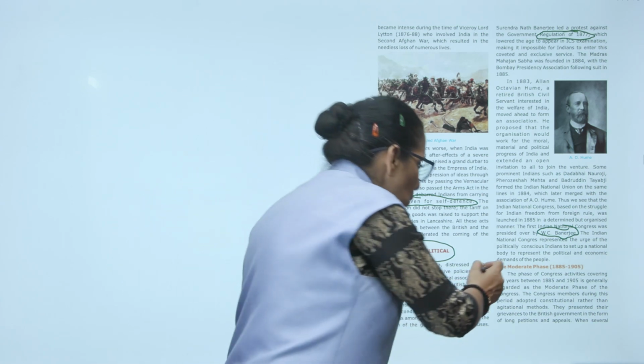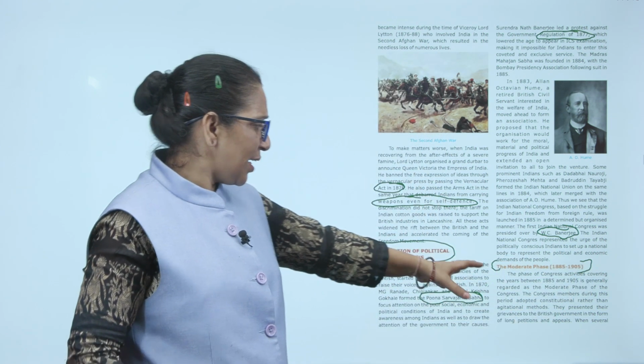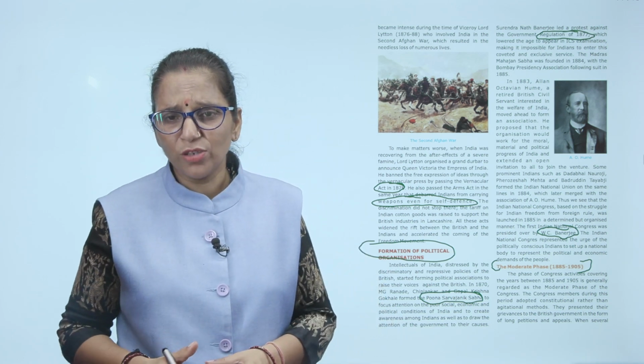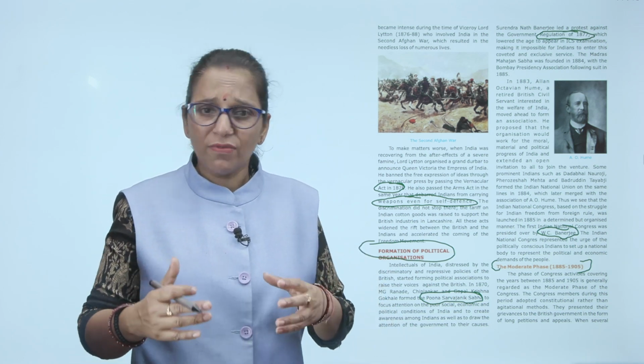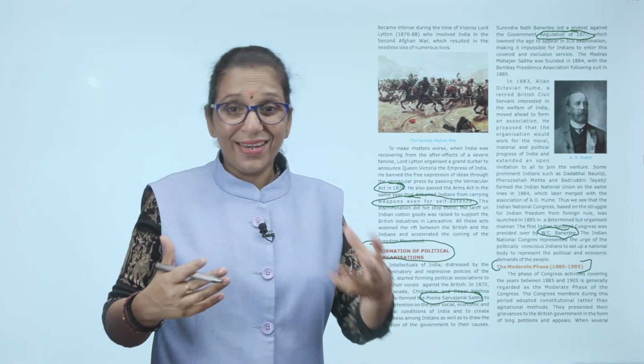The moderate phase was from 1885 to 1905. The phase of Congress activities covering the years in this period is generally regarded as the moderate phase, because in this period they were not aggressive, they were not violent. Means they played in a very polite manner.